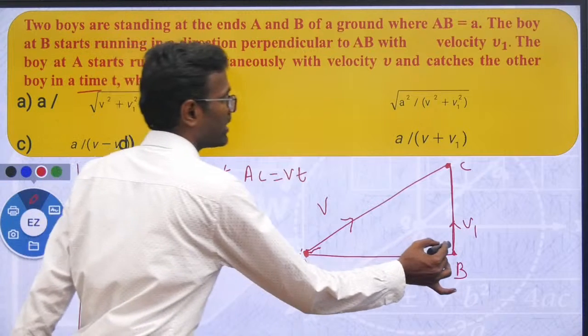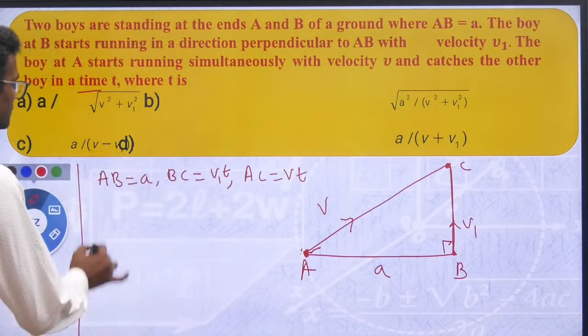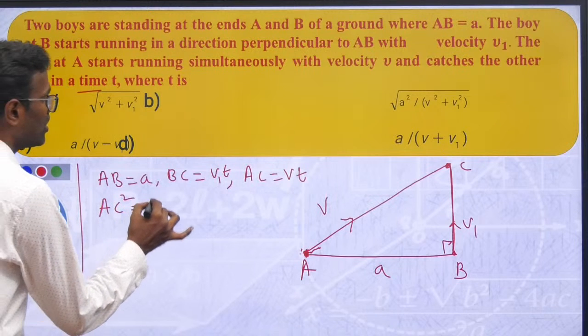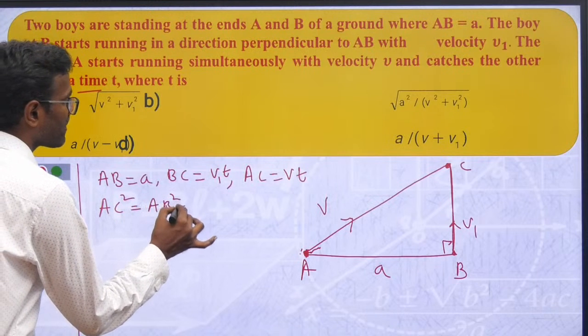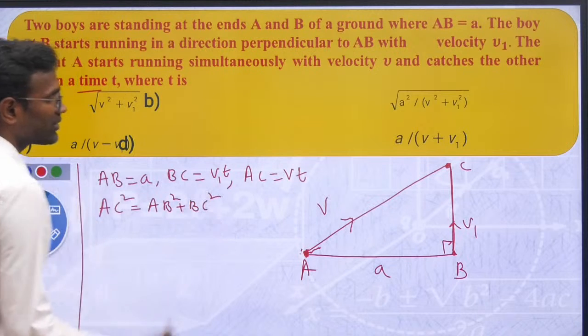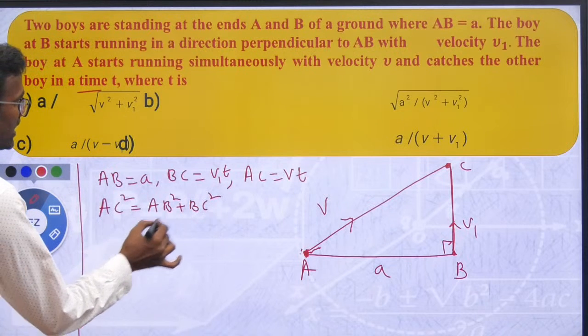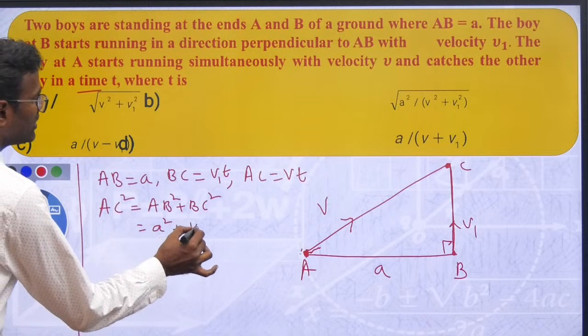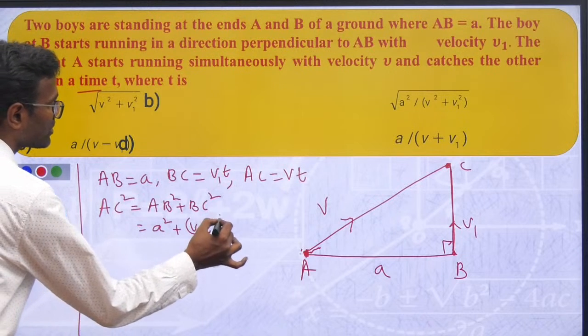Now it is a right angle triangle. Use the Pythagoras theorem. AC square is equal to AB square plus BC square. AB value is a square, BC value is v1t whole square.